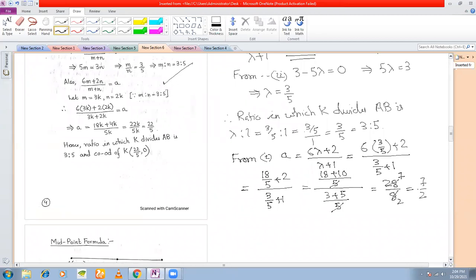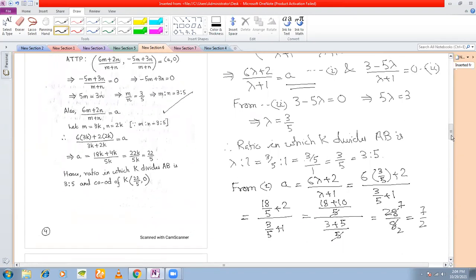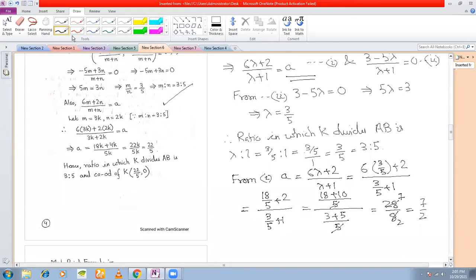Whereas here I have got the ratio as 3:5? Yes. In fact, I made a mistake here. This should be 5K, okay? Because the ratio I've got is 3:5. I'm taking one as 3K, the other should be taken as 5K, okay? So here the answer is wrong. The answer that I've got here should be 7 by 2, okay?